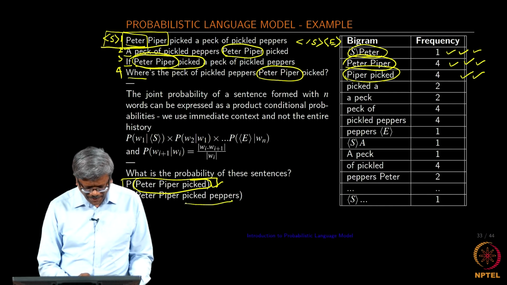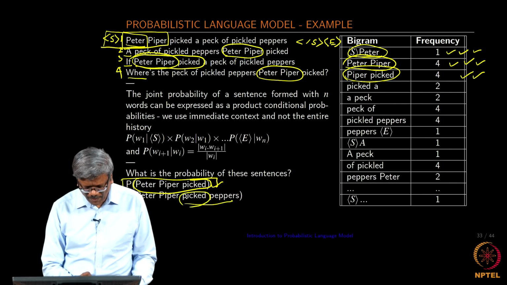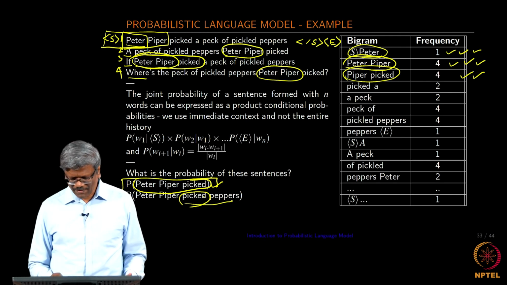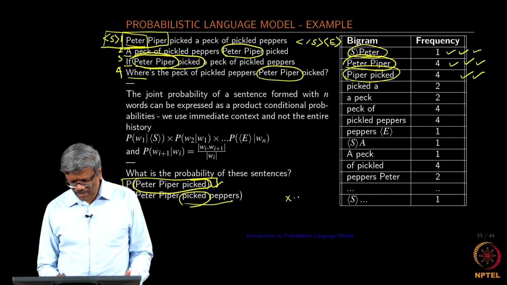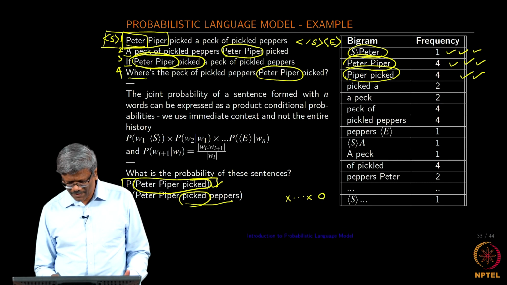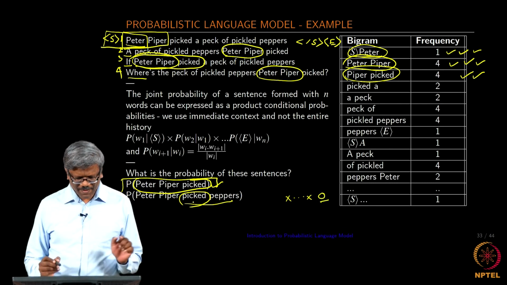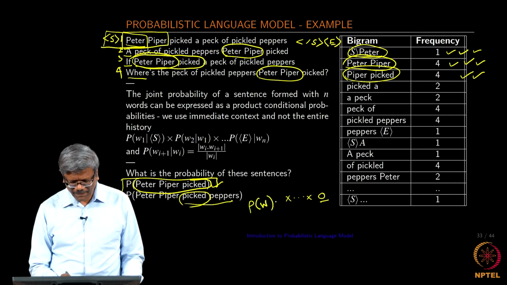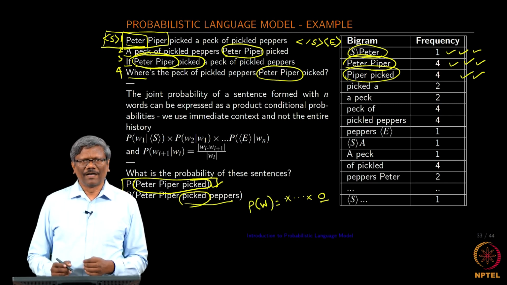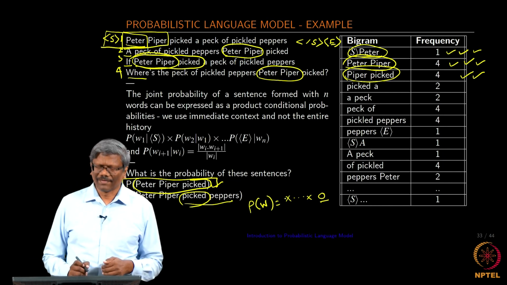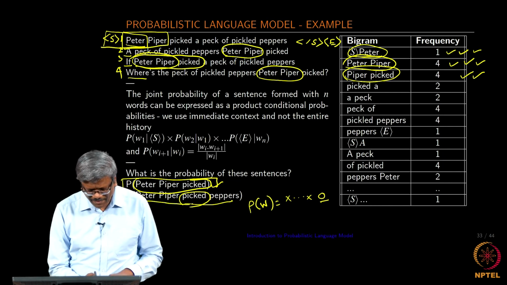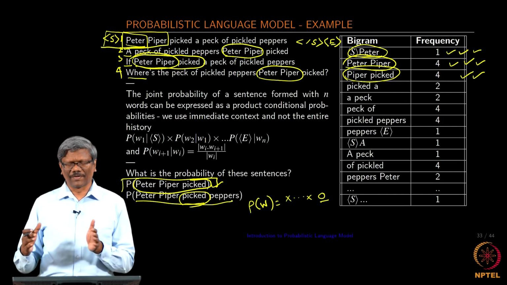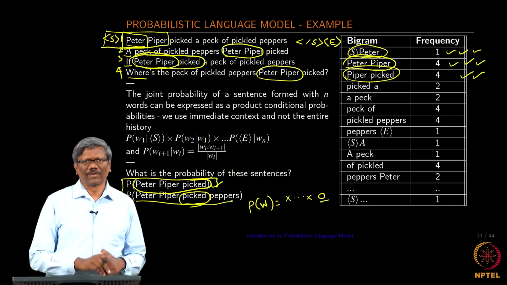So we are going to be looking at the count of picked peppers, which is 0. That means in the probability we are going to have 0 divided by the number of times picked occurred in the entire corpus. That means the entire probability of this sentence is going to be 0, which is not correct, is it not? Some of the words have occurred, but only because of this word pair which is not coming here, we are going to have a problem.